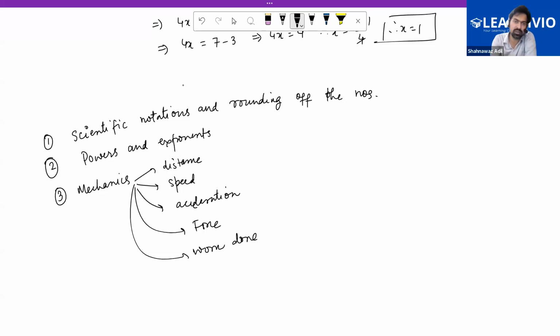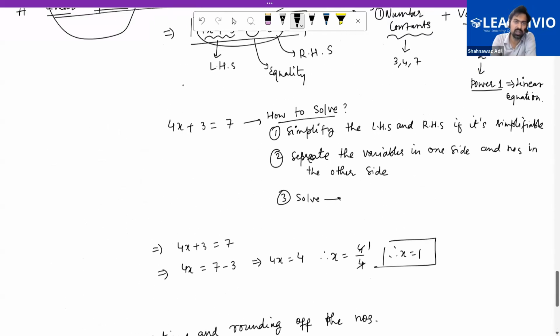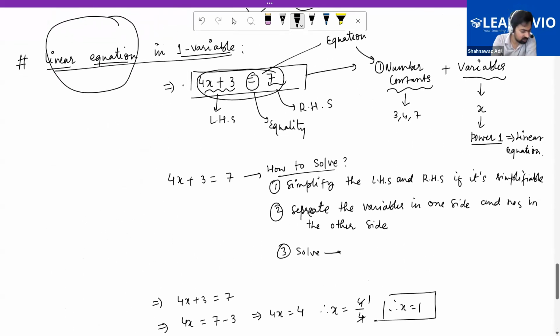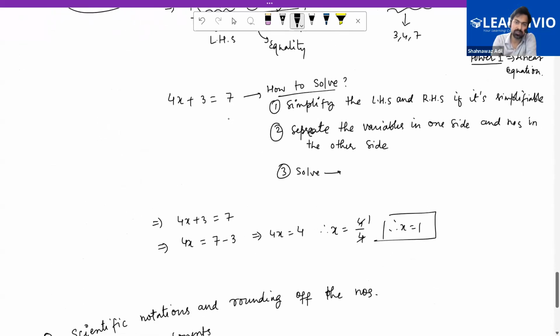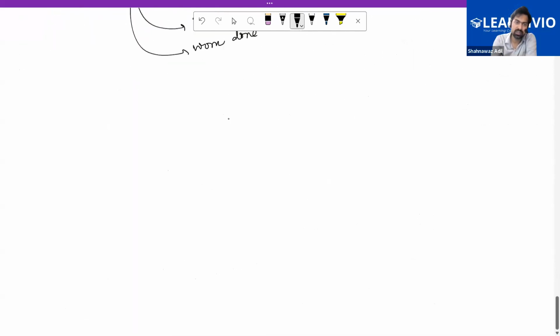But let us first understand this linear equation in one variable. How much time do we have? 13 minutes, right? So let's solve some questions based on linear equations in one variable.